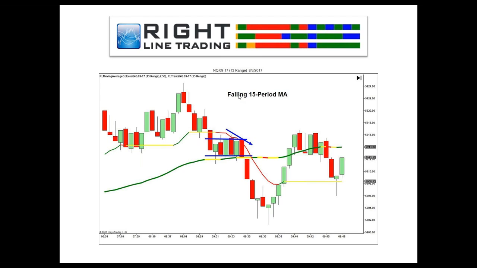Here's the first slide, and I did a lot of work on the slides to find these formations. The fact of the matter is they occur fairly frequently. The problem is, if you're not really focused on your chart, you're not going to see the trade.